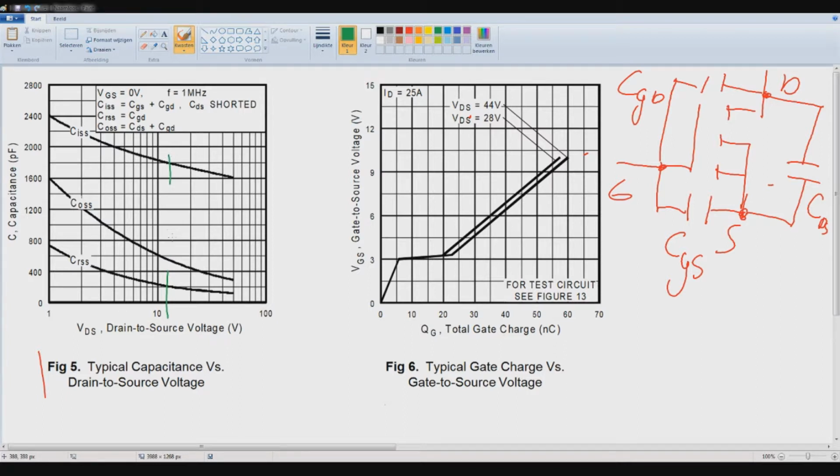And then the input, which is at the gate mostly, CISS, which is gate to source plus gate to drain, and CDS is shorted, therefore this is bridged.